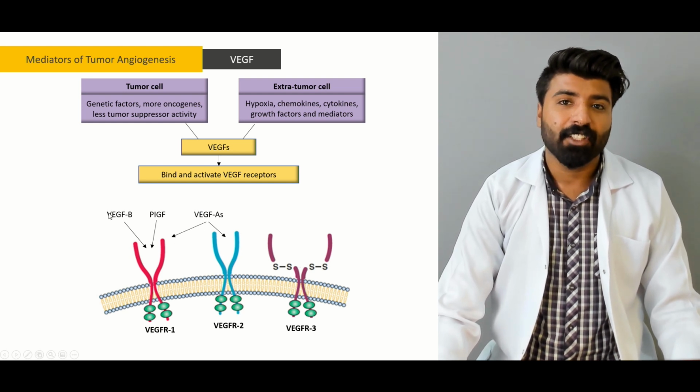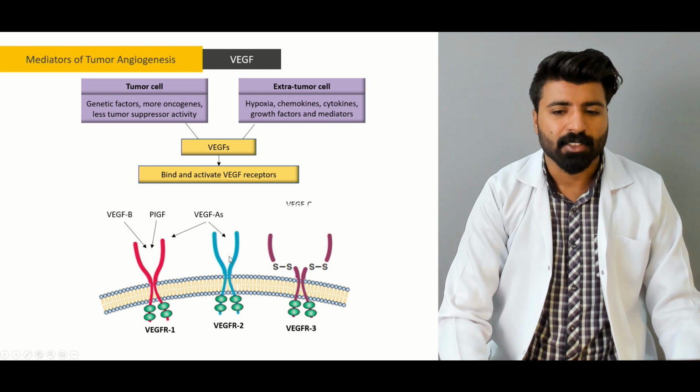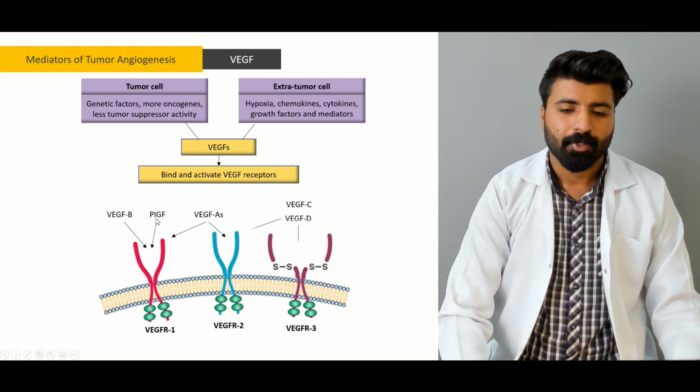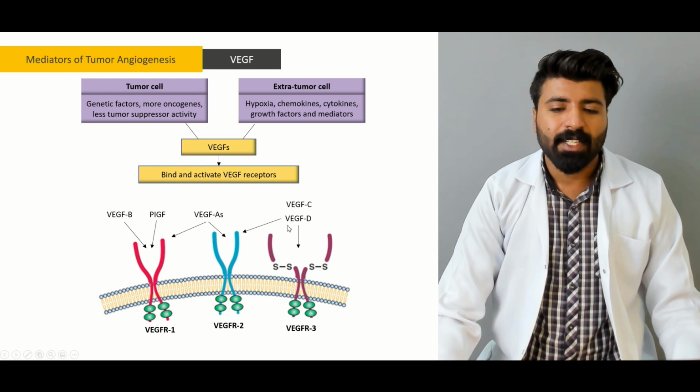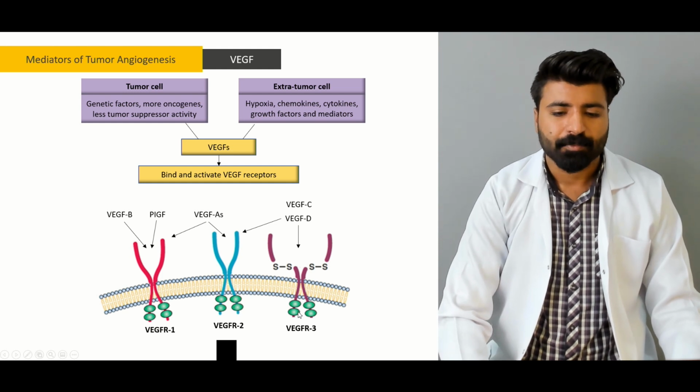One side, VEGF-B is being attached to one side, on the other hand, VEGF-As are being attached to both sides of the chains. And then comes VEGF-C. So we have basically these A, B, and C, and then we have this PlGF. On the other hand, D attaches again to both of these, VEGFR2 and VEGFR3.